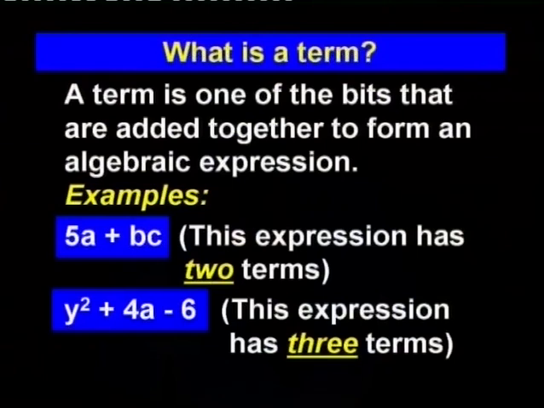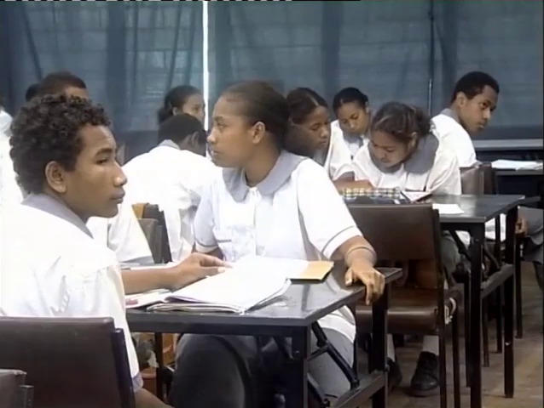Do you understand the difference between terms and an expression? All right. Good. So again, I'll repeat myself. Terms are separated by addition or subtraction signs or operational signs. Right. Let's move on to what we have to do today.